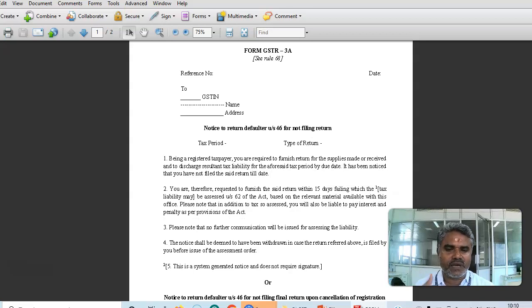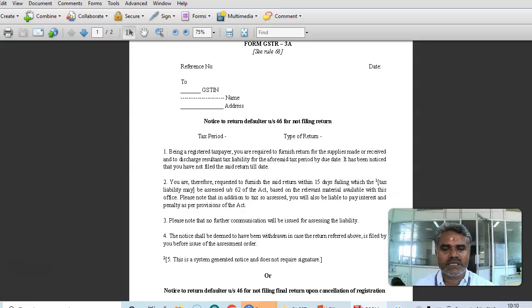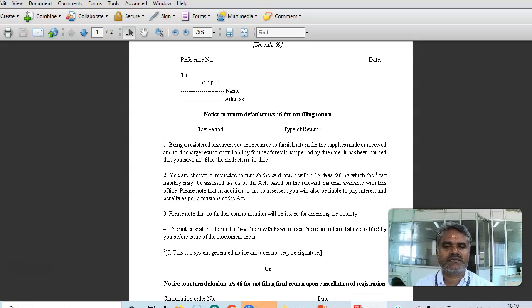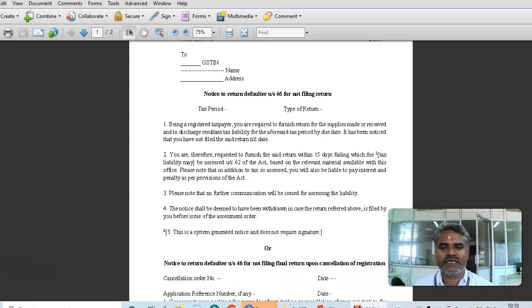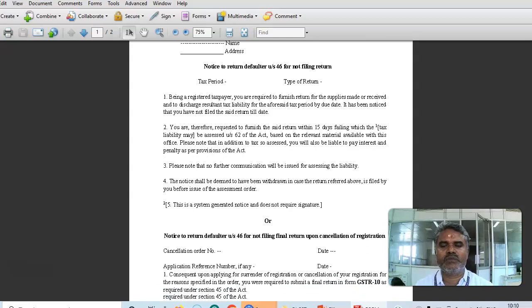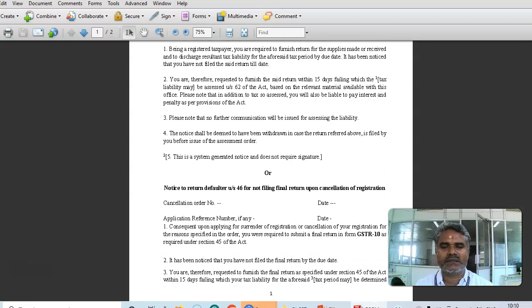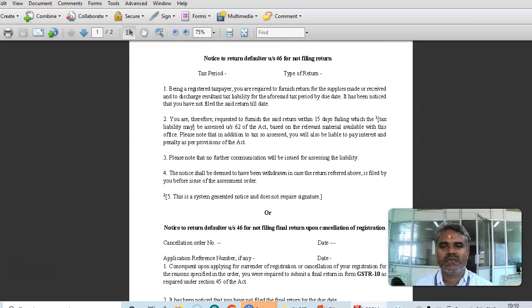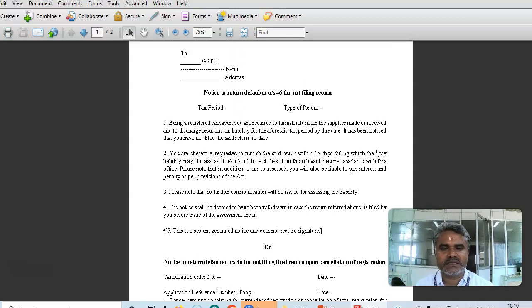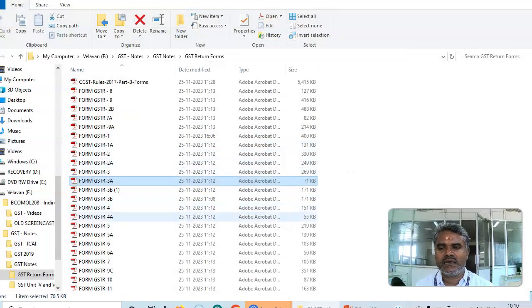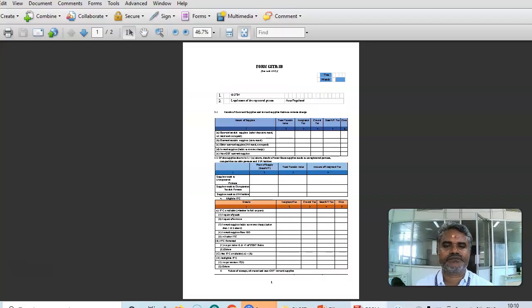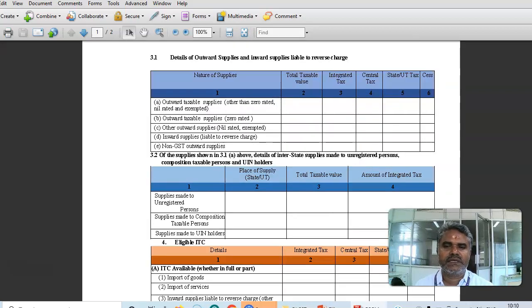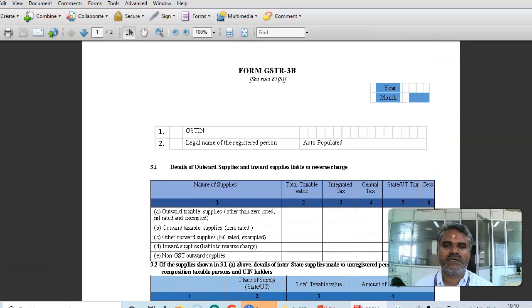Those who are not filing the return have to file within 15 days of the notice issued by the proper authorities. So this is 3A, very simple. But 3B is very, very important.